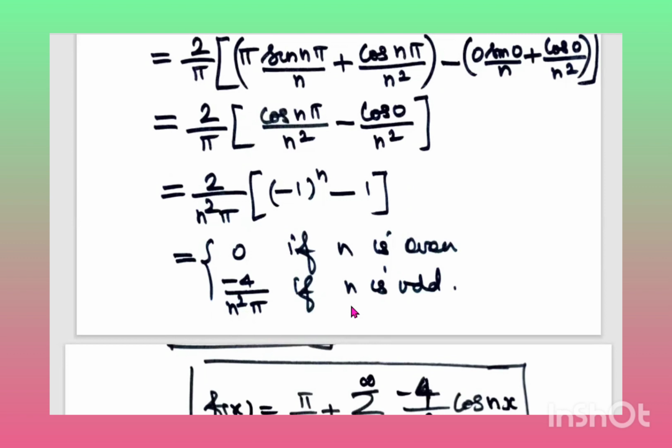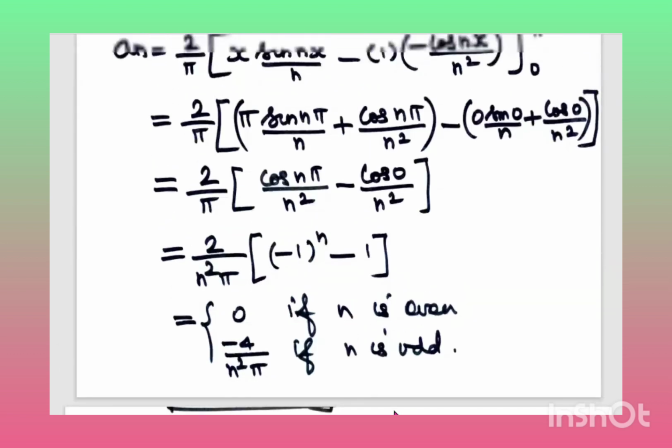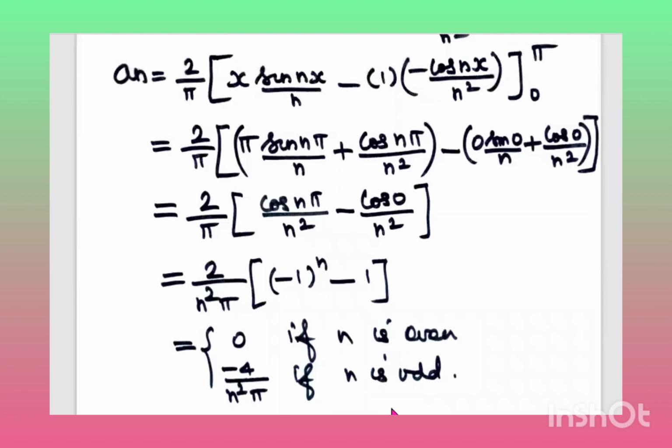So substitute the a0 and an values in the Fourier series. f of x is equal to a0 by 2, pi divided by 2, plus summation n equal to 1 to infinity of an, minus 4 divided by n square pi, into cos nx. We cannot write here n equal to 1 to infinity, you have to write odd.